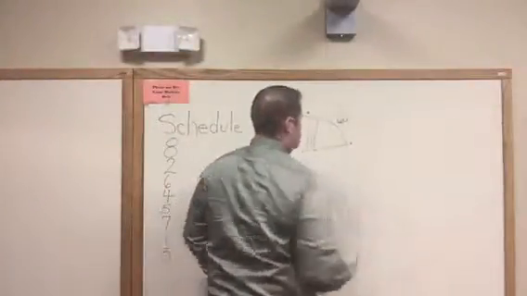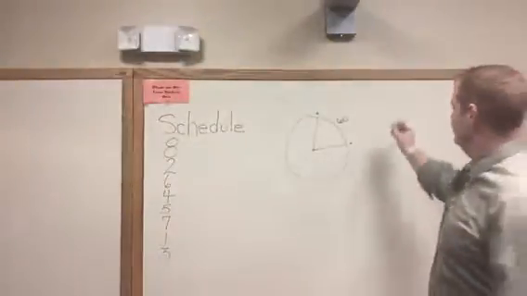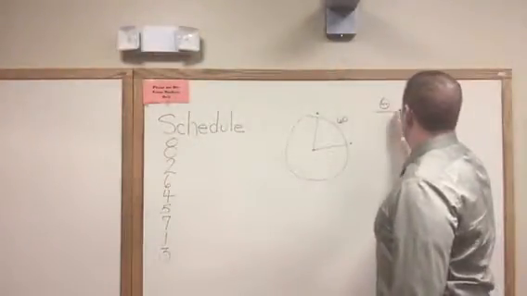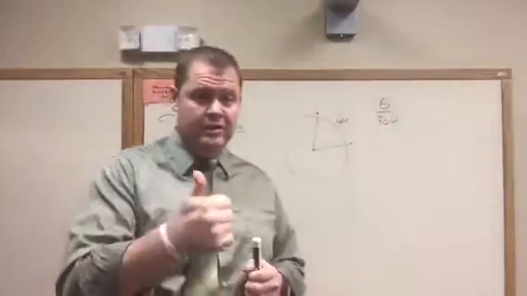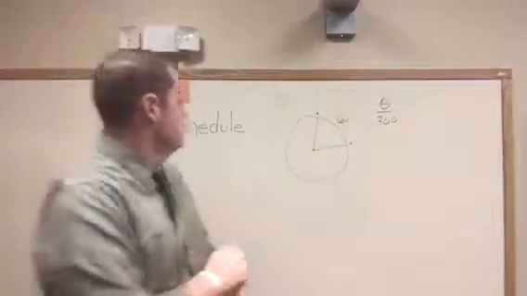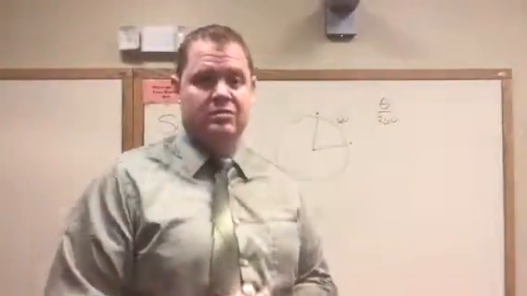So what's that fraction and how would you solve that? Well, that fraction is going to be theta over 360. Why? Because theta is the arc. So whatever that arc is, 60 over the whole thing, which is 360.